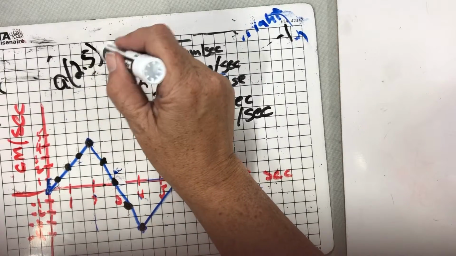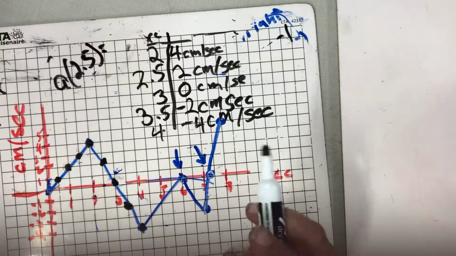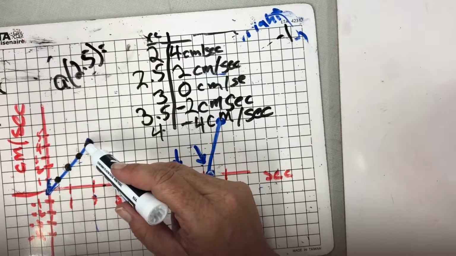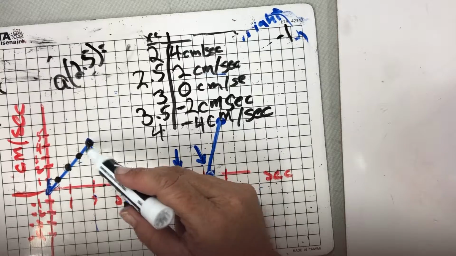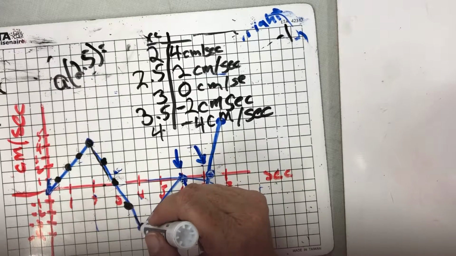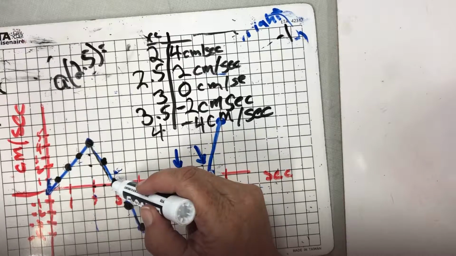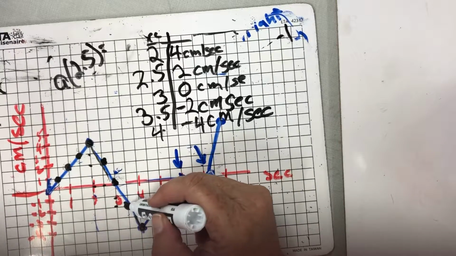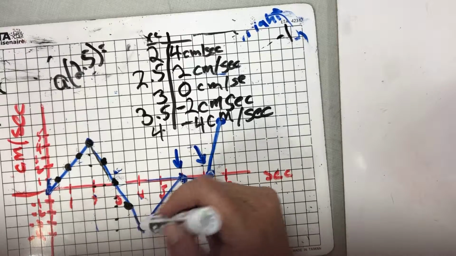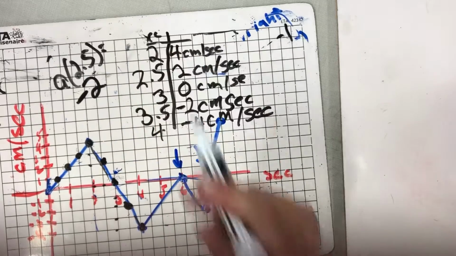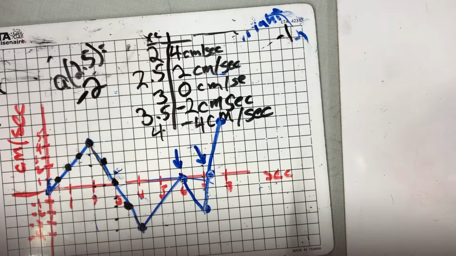Well, acceleration is the derivative of velocity, and a derivative is slope. So at 2.5, we're part of this line right here. This line looks like it's going down 2 over 1, down 2 over 1. Remember, my scales are different, down 2 over 1. All right, great. So my acceleration is an acceleration of -2.